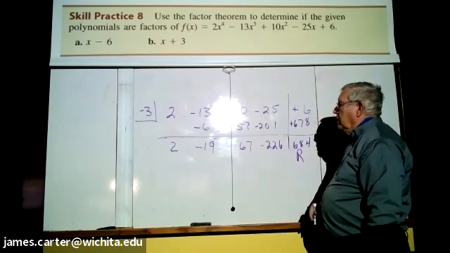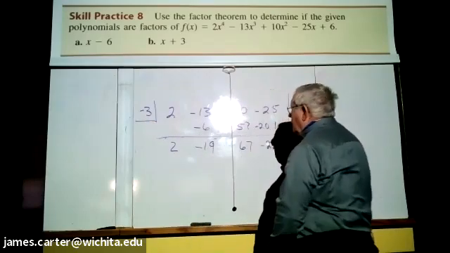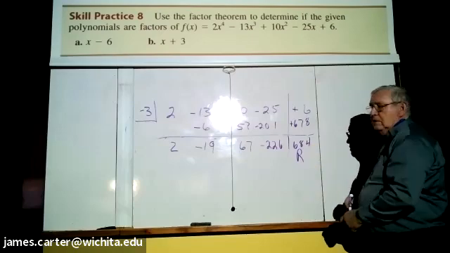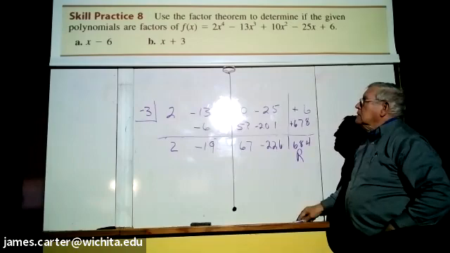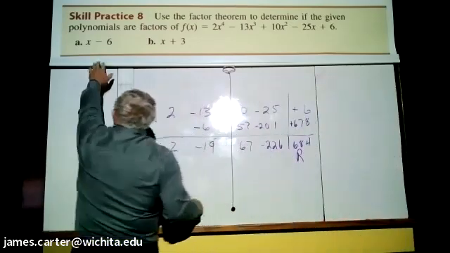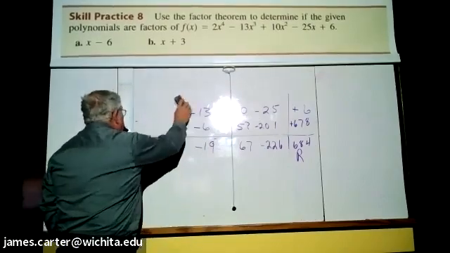Okay. It also tells if x is negative 3, that y is 684. And we'll cover that a little bit more in the next couple of days. Okay. So this one is a factor. That one is not a factor.